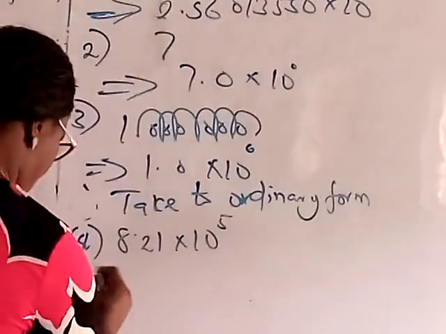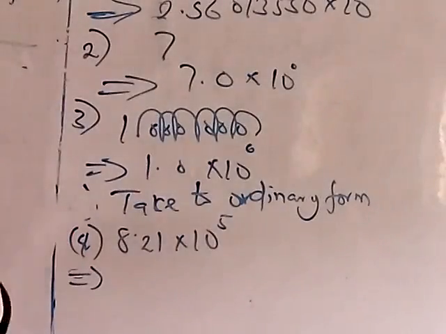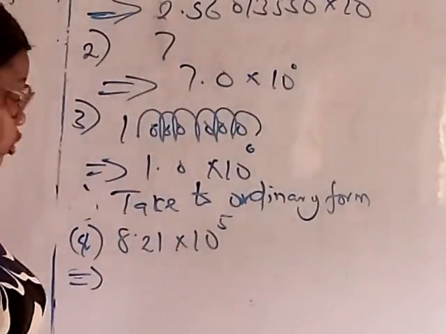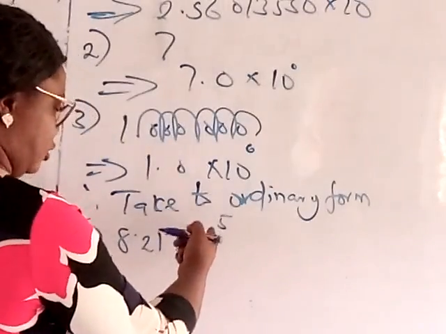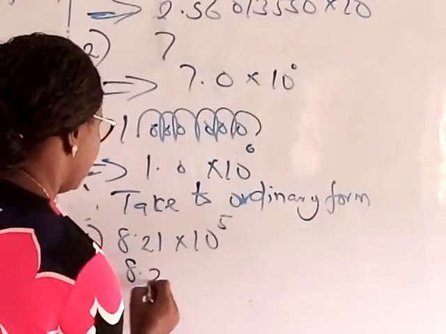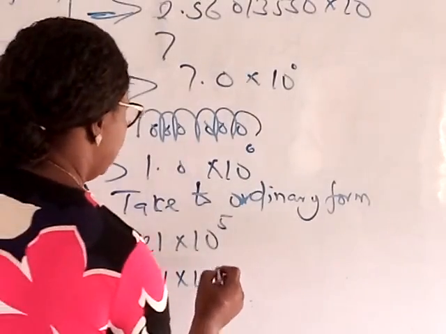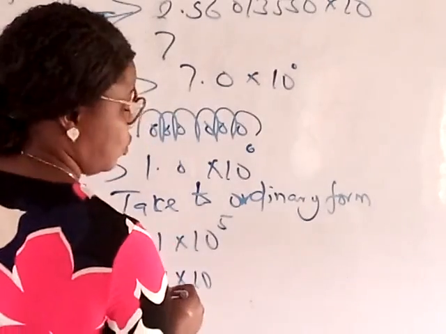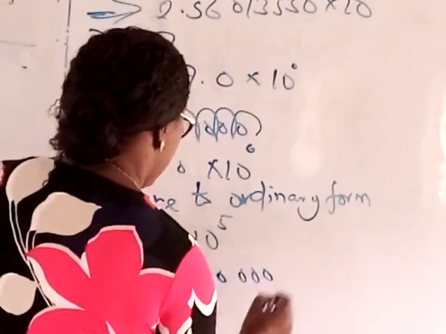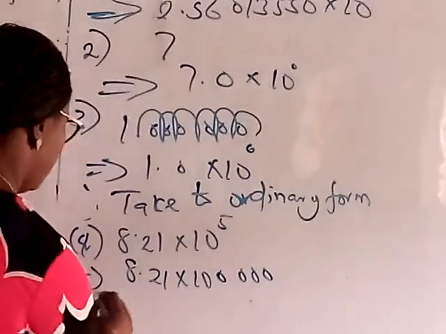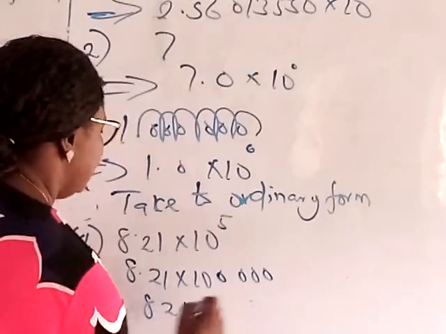Taking that to ordinary form means we have to change it back to the original form it was before taking to standard form. So our 10 raised to power 5 is as good as 5 zeros, which gives us 100,000. Multiplying that with this, it will give us 821.